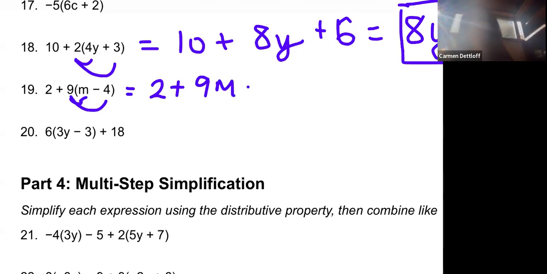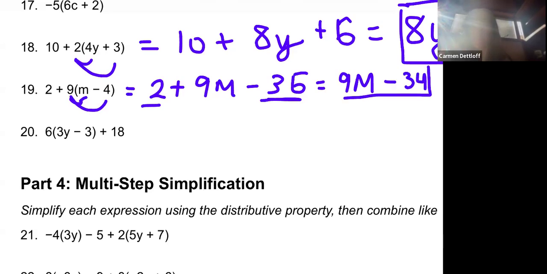And now I've got some like terms right here. I've got my 2 and my 36, and I'm going to combine those together. So first, I'm going to write my variable 9m, and I'm going to figure out what I'm adding or subtracting to it. I've got 2 plus negative 36, which equals negative 34. There we go. Final answer.